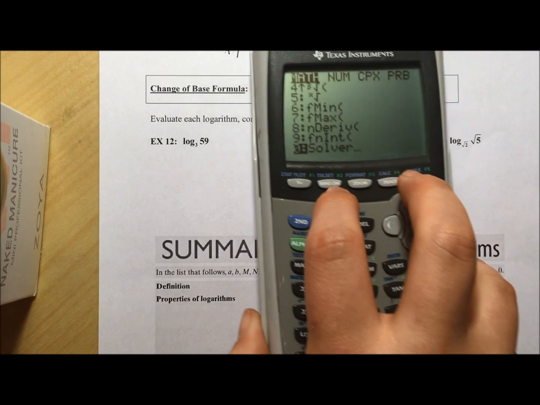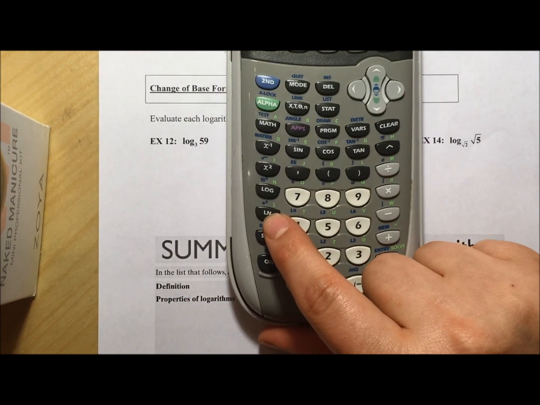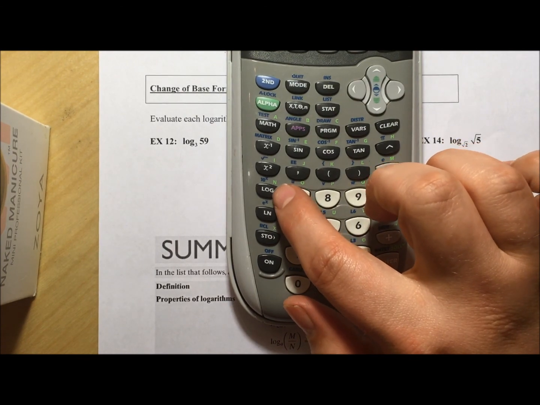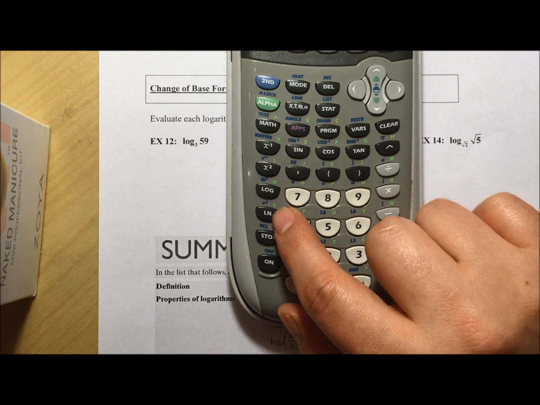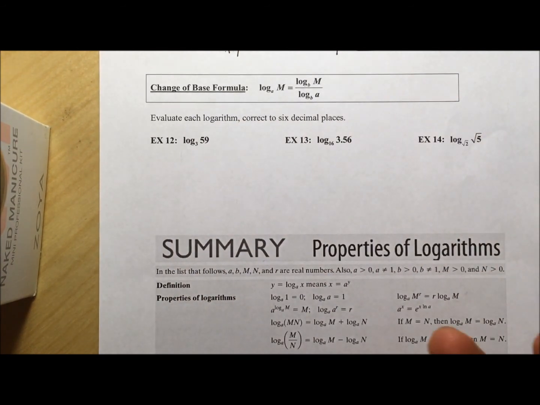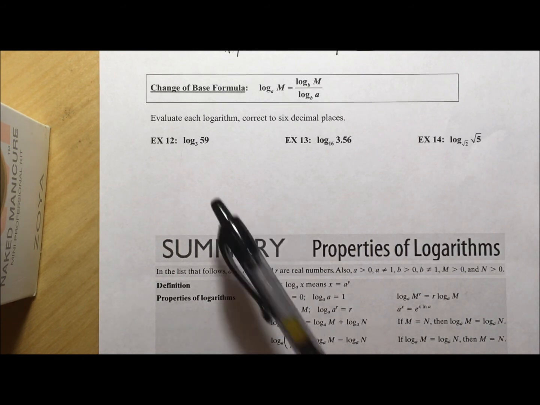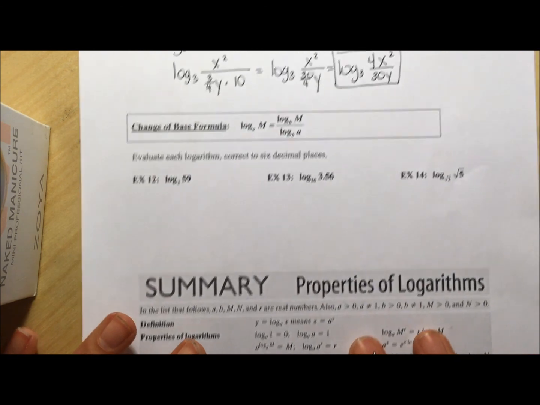So I'm not able to put in any base other than the ones that are on the actual keyboard itself. This log button right here is using a log base 10 by default, and the natural log button is using a log base E. So unless those are my two bases, I can't type in any log of other bases. So the formula goes like this.